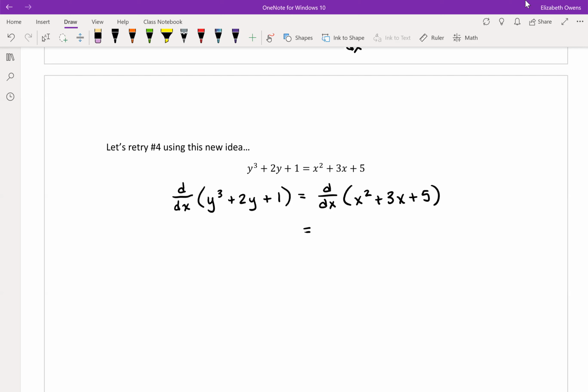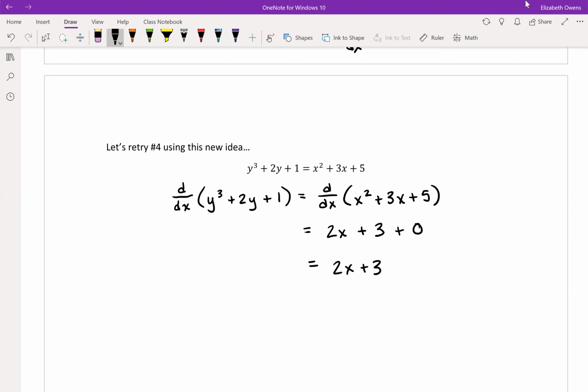So we would just use our normal power rule. Derivative of x squared would be 2x, and then derivative of 3x is 3, derivative of 5 is 0. Okay, so we can get that right-hand side, no problem.